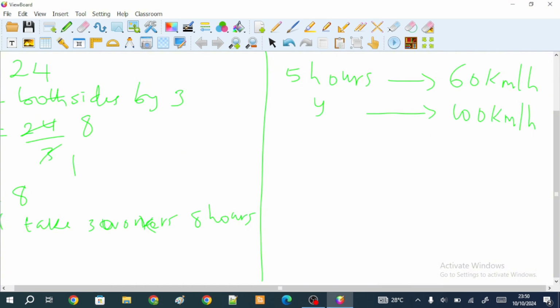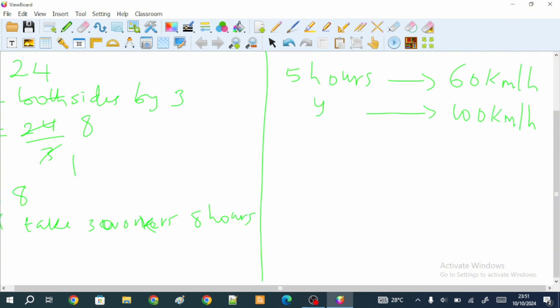If you're doing kilometer on the right side, let all the kilometer be on the right side. But if you want your kilometer to be on the left side, so both the first line and the second line, all the kilometers should be on the left side. So that's what's important. Let the same unit be on the same side. But it does not matter if they're on the right or they're on the left. It's going to work if we follow the procedure.